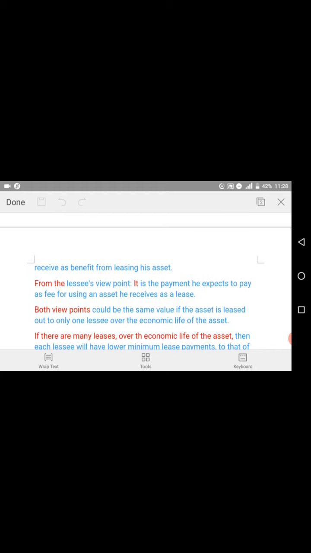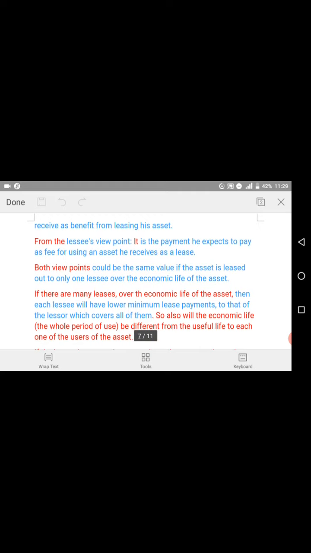Both viewpoints could be the same value if the asset is leased out only to one lessee as before, because there could be several lessees over the economic life of the asset. If there are many leases over the economic life of the asset, then each lessee will have lower minimum lease payments to that of the lessor, which covers all of them.